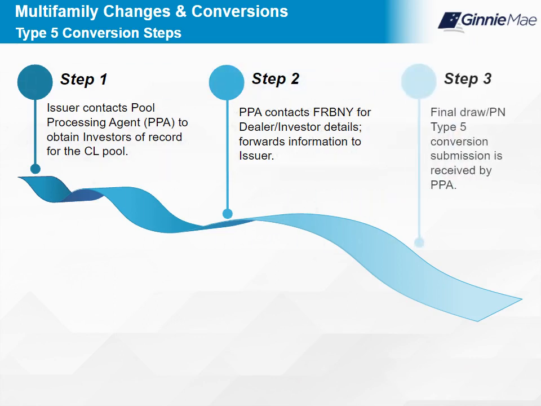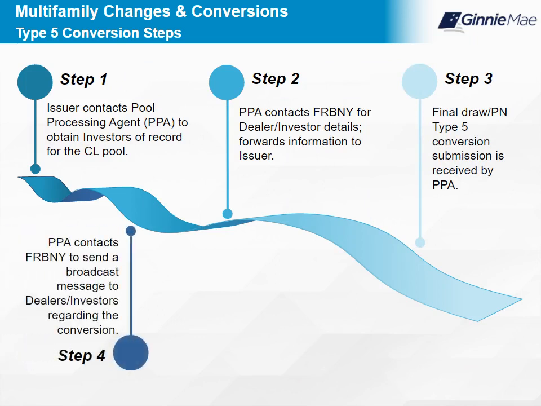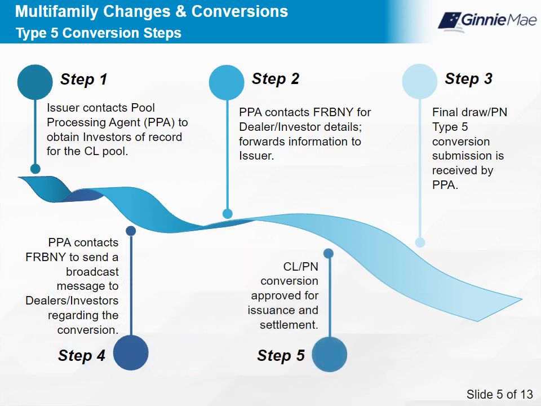Third, the final draw or PN Type 5 conversion submission is received by the PPA. Fourth, the PPA contacts FRBNY to send a broadcast message to dealers and investors regarding the conversion. Fifth, and lastly, CL-PN conversion is approved for issuance and settlement.